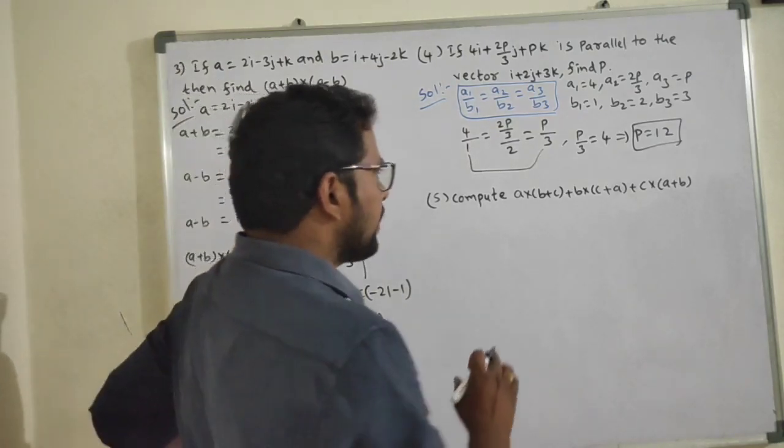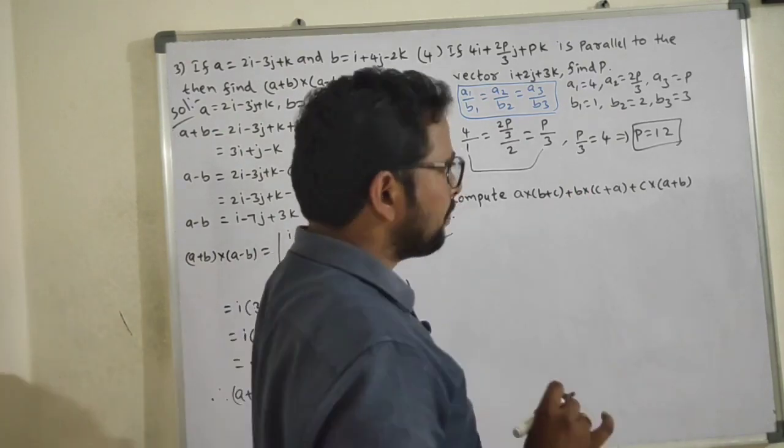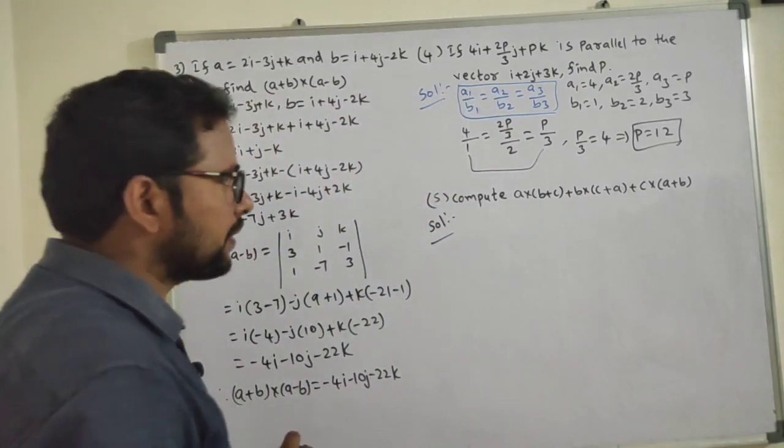Now fifth question, compute A cross (B plus C) plus B cross (C plus A) plus C cross (A plus B).